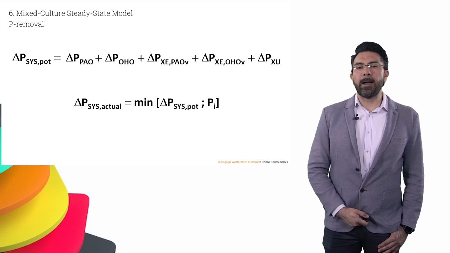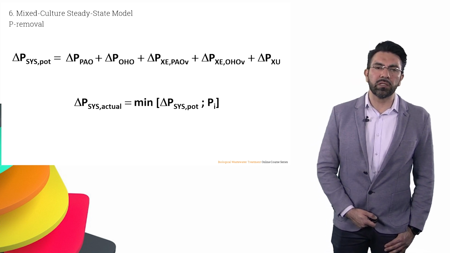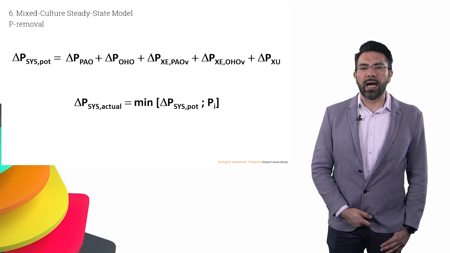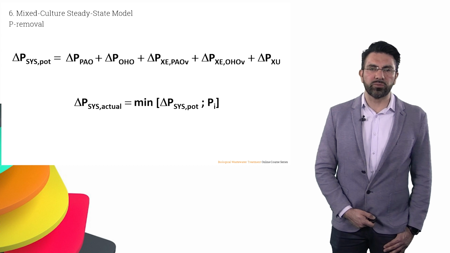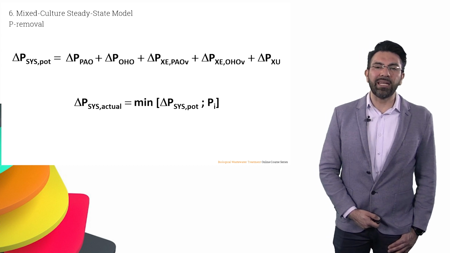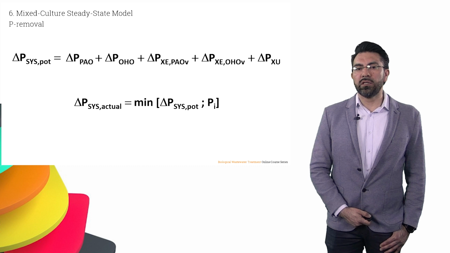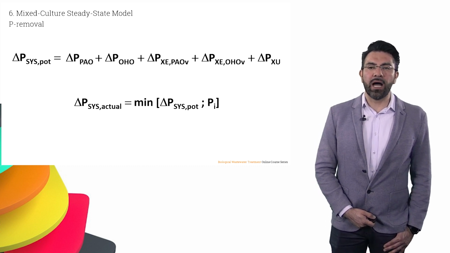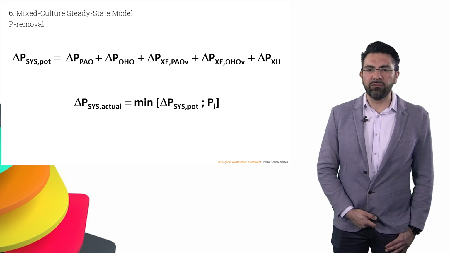However, we call it system potential because even if the PAOs can store up to 0.38 grams of phosphorus per gram of VSS, they may not be able to reach their full capacity. And that is because they are limited by the amount of phosphorus that we have present in the influent.